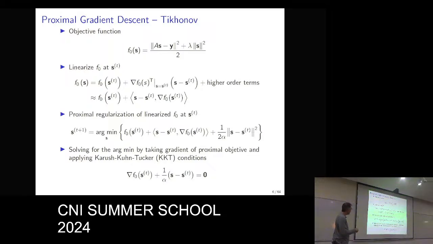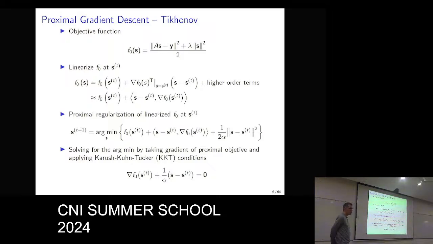So here, f0(s) will be equal to the value of the function at st plus the gradient transpose applied to the difference between s and st, plus some higher order terms. And I'm going to argue that for a small step, this is approximately equal to the zero order and the first order term.